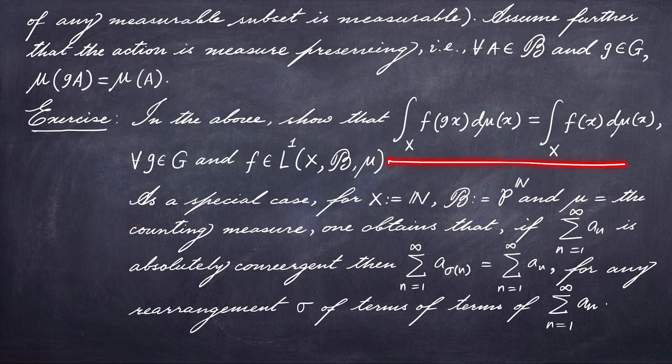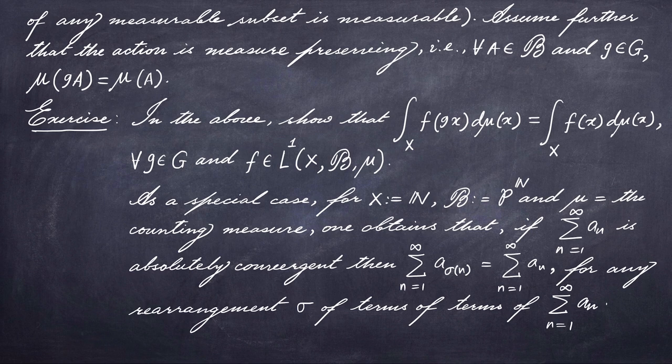Hence, it follows from this that if we have a sequence whose corresponding series is absolutely convergent, then under any rearrangement of terms of the sequence, the sum does not change. This is because in this case, when the measure is the counting measure, the integral is nothing but the sum.